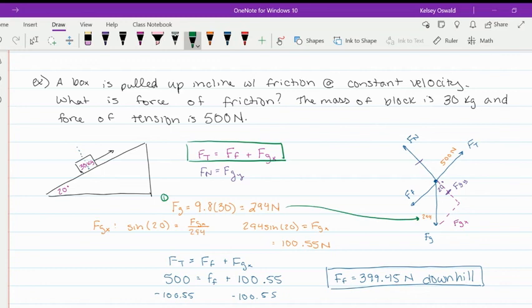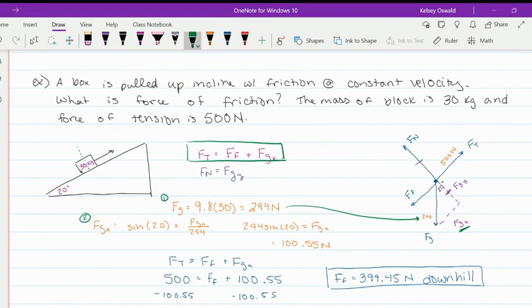Okay, so now if we look at our force of gravity triangle, we know our hypotenuse, or our actual value of force of gravity, is 294 newtons. If we want to find our force of gravity in the x direction, how much of that is pulling downhill, or opposite side of our angle, we're going to want to use sine.